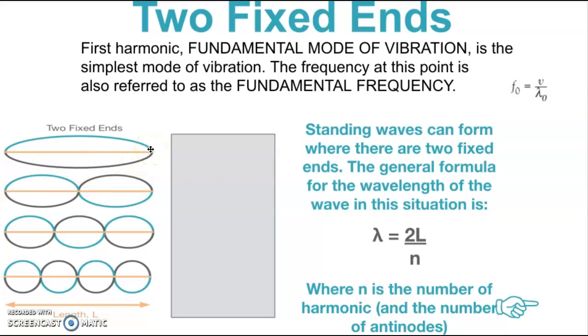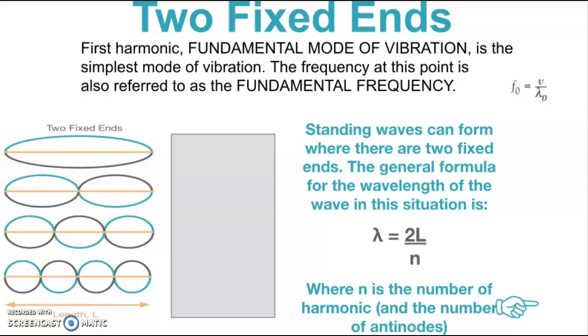As we increase the number of nodes and antinodes, or go up a harmonic, this is our first harmonic, our second harmonic. What we can see here is that the length L is equal to the wavelength.